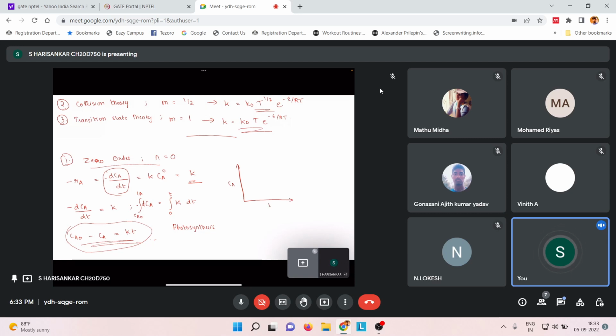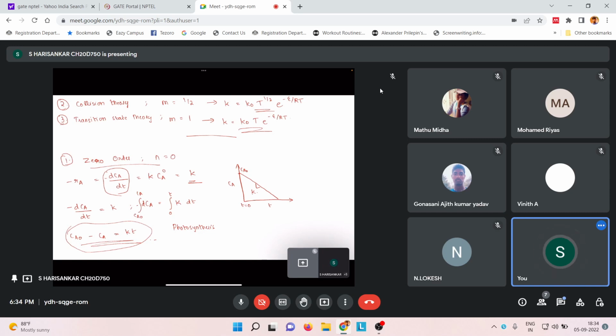The plot will come something like this, where the slope is k, because this is pretty much an equation which represents y equal to mx plus c, right? So at time t equal to 0, CA will be CA0.